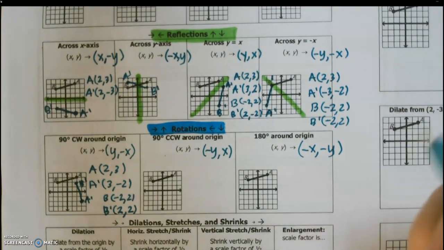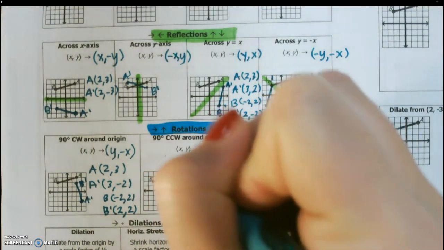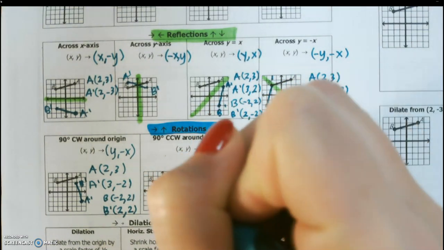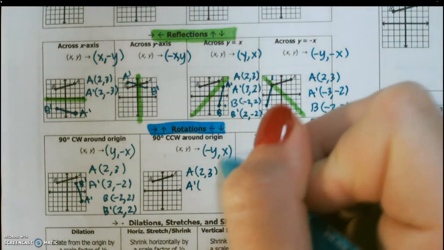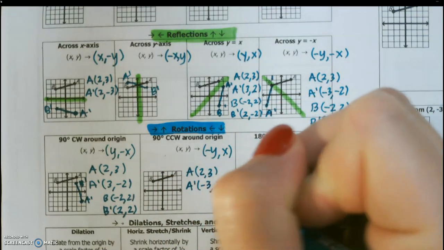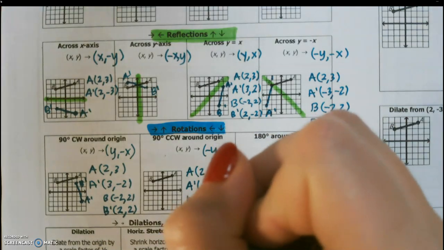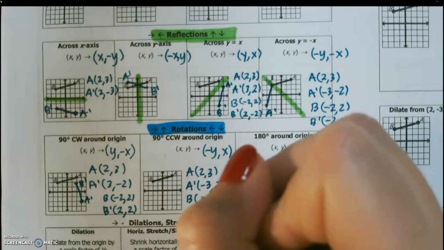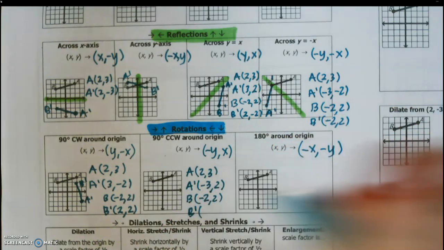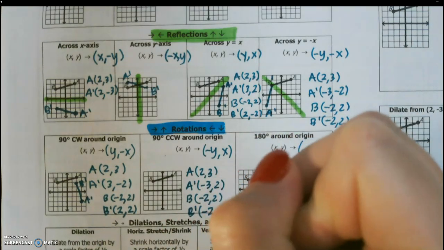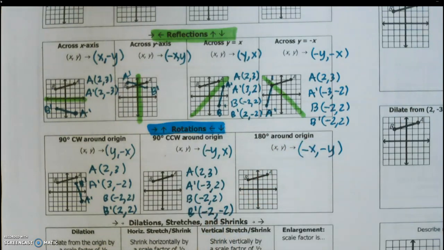Okay, 90 degrees counterclockwise, your A is originally at 2 comma 3. So your A prime will now be at, let's see, bring Y to the front, change the sign, X to the back. Then we'll do the same thing for B. B is originally at negative 2 comma 2. If you apply the rule, Y comes to the front, changes signs, X goes to the back.